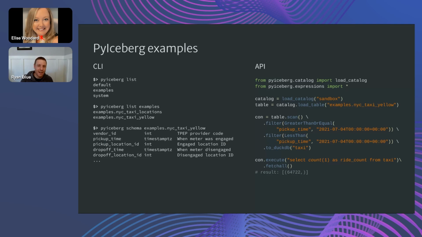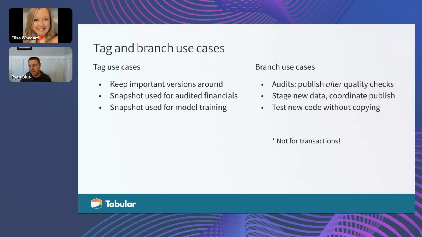So moving on, the next feature that I'm super excited about that came in the last year is tagging and branching. Iceberg tables, and I guess tables in general, have never really supported multiple versions, keeping old versions around, and that sort of thing.